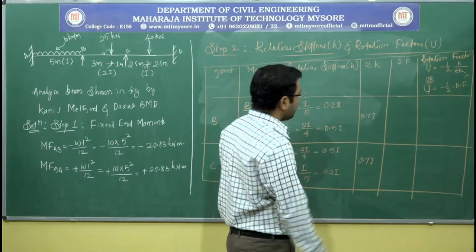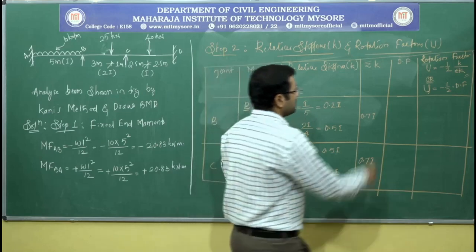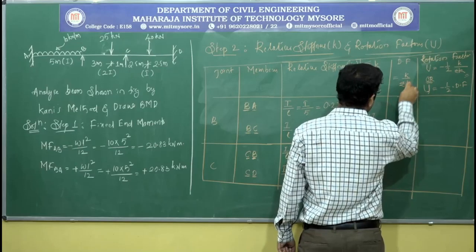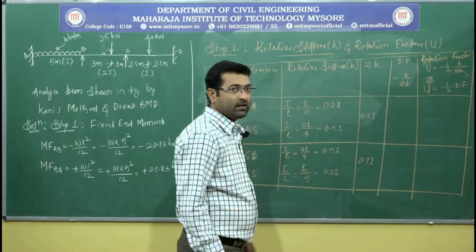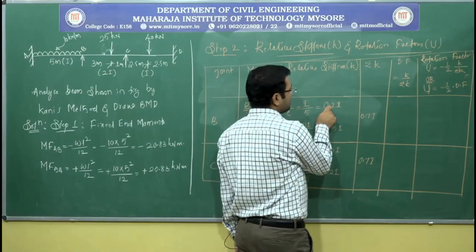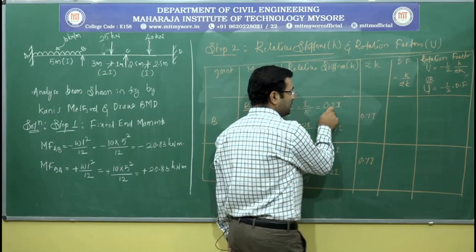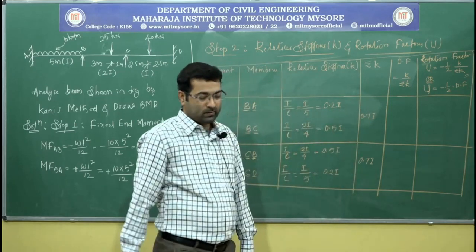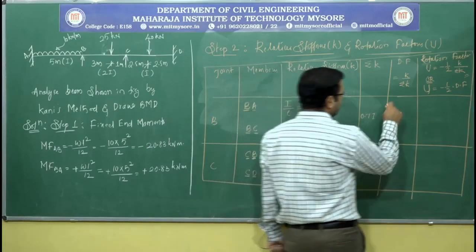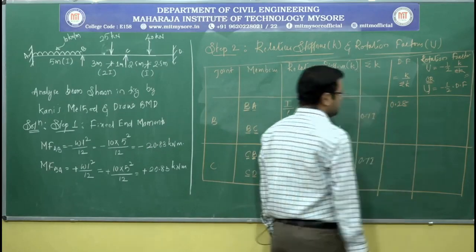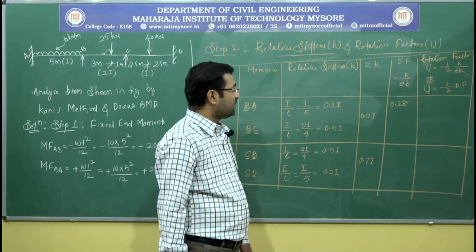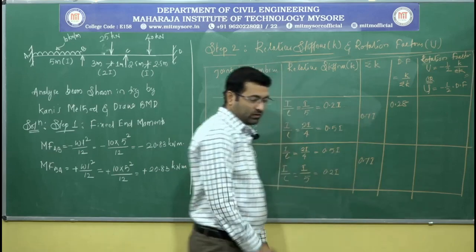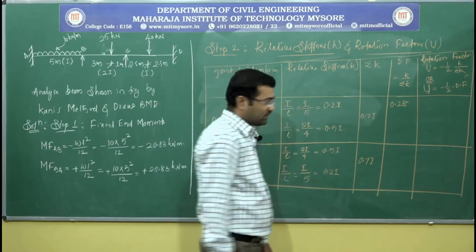So the distribution factor is K by summation of K, that is, relative stiffness divided by total stiffness, 0.2 I divided by 0.7 I, the I cancels. 0.2 by 0.7 gives you a value of 0.28, and 0.5 by 0.7 gives you a value of 0.72.